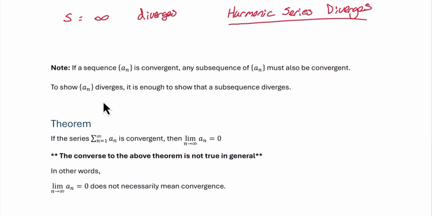If we want to show that a sequence diverges, then all we have to do is show that a subsequence of that sequence diverges. So if we have a very long sequence and we just chop it up into a smaller part, and that smaller part diverges, then the entire sequence must be divergent.